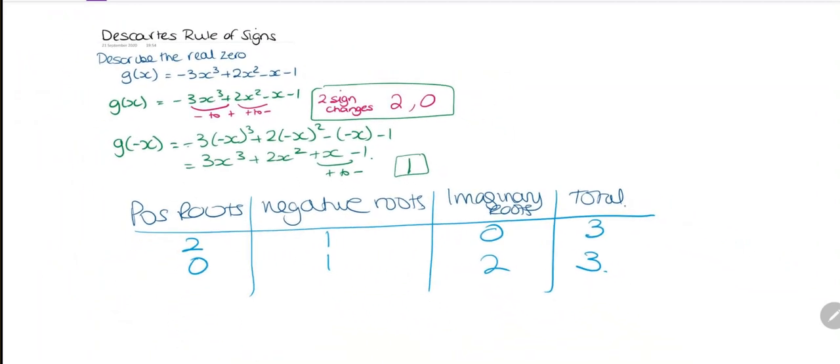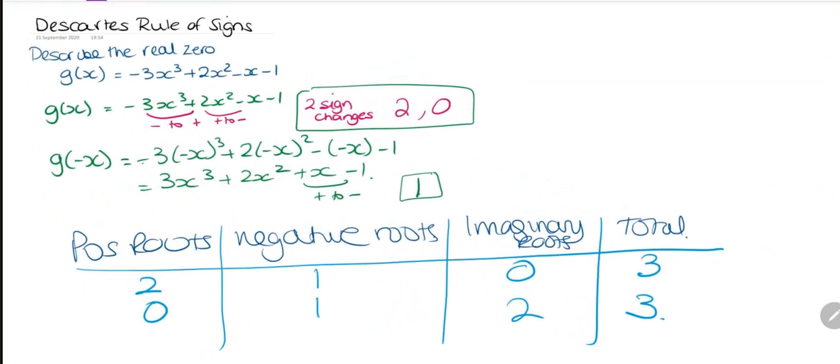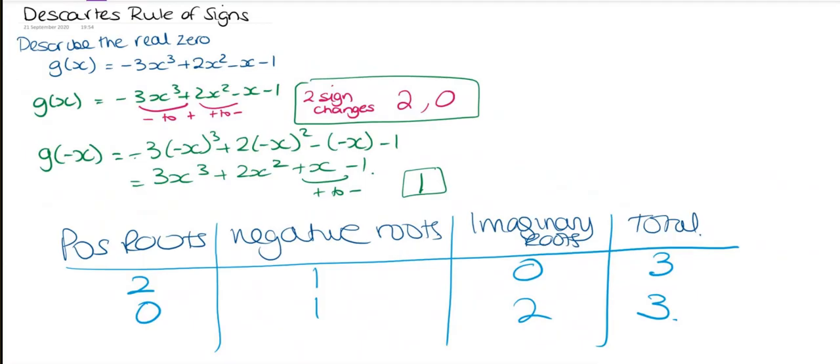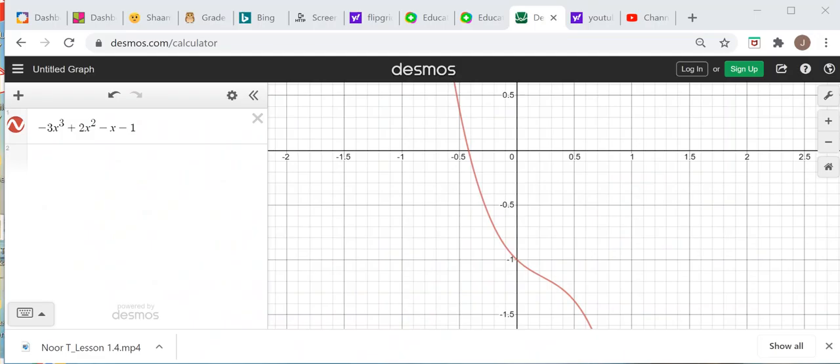So in our case here, if we put our graph into Desmos, we can see that we have a negative zero near to minus 0.5 and no other rational zeros.